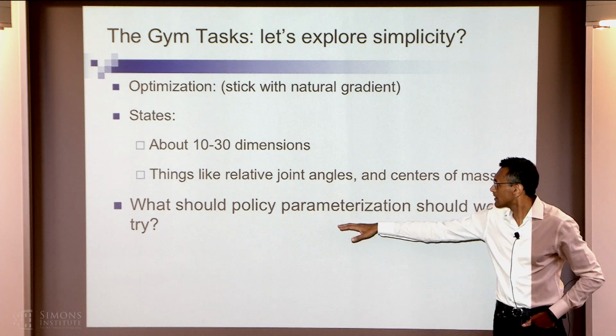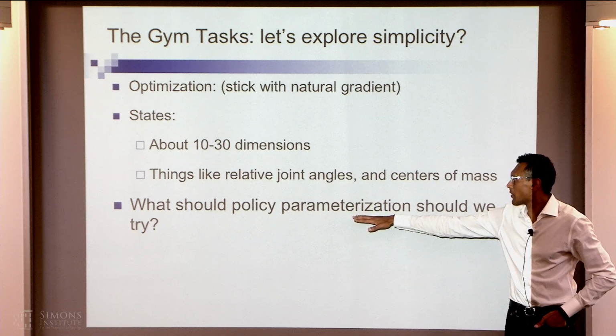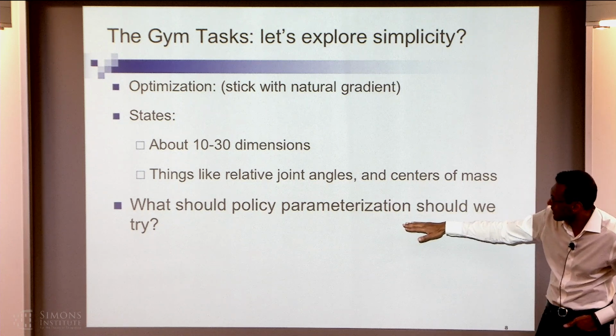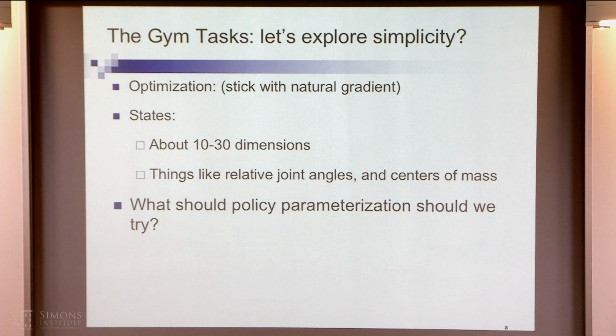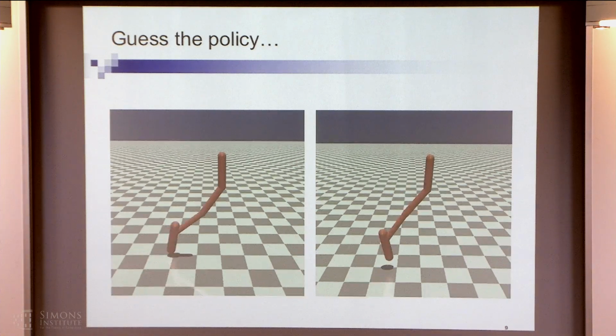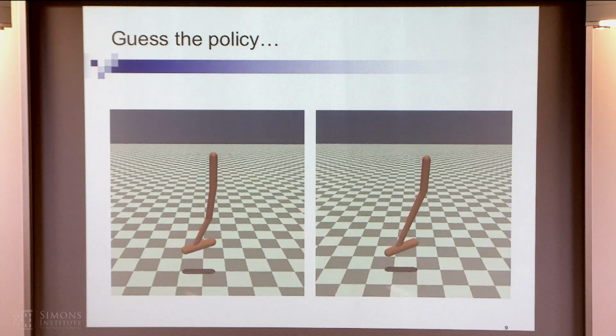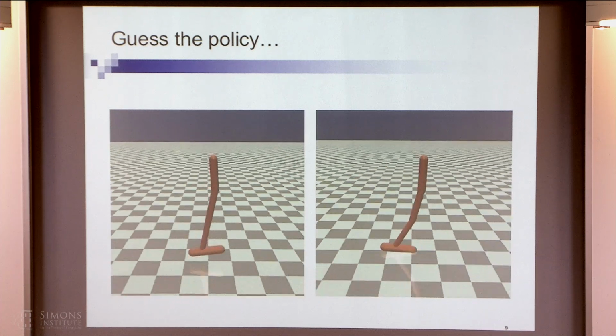And then there's a question of how should we parameterize our policy to solve these problems? Okay, so what's the first thing you might want to try is let's just try a linear policy. Okay, so here I'm going to show you one of these network policies. And the other one is going to be a policy that we learned with a linear policy.